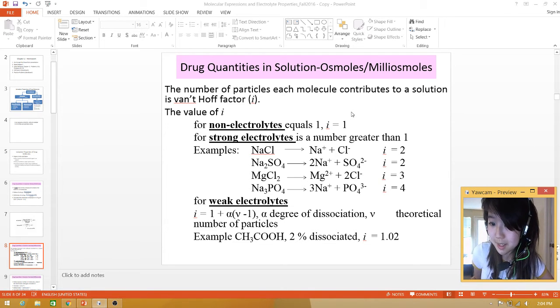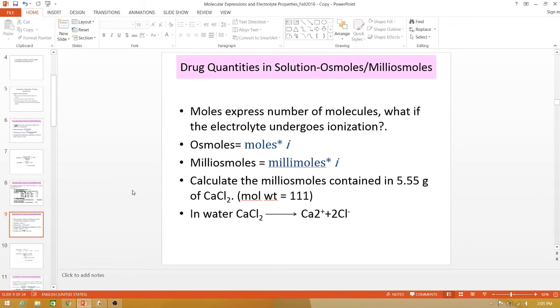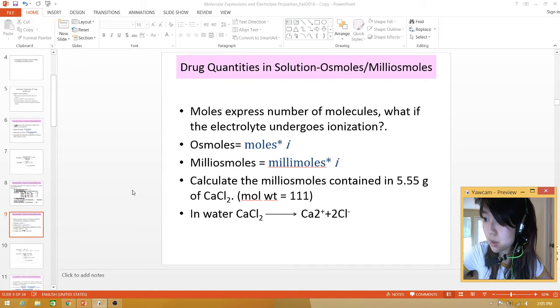And for strong electrolytes, it really depends on the number of particles that they dissociate into. So sodium chloride would be 2, sodium sulfate would be 3, and so on. To calculate the osmoles, this is going to be the number of moles times the Van't Hoff factor.